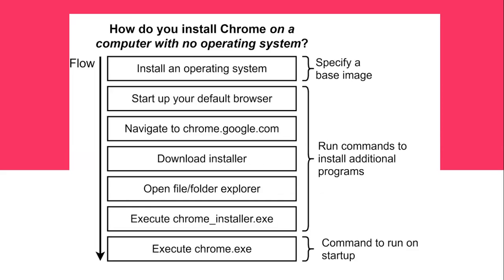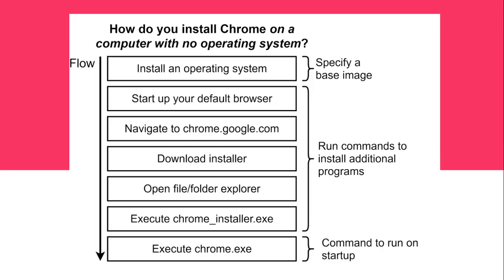When you say install an operating system, we are directing the Dockerfile to specify a base image. The base image is the operating system kind of thing, right? On top of this operating system or base image, we'll be performing various tasks. We'll be executing commands and doing other stuff in the base image.